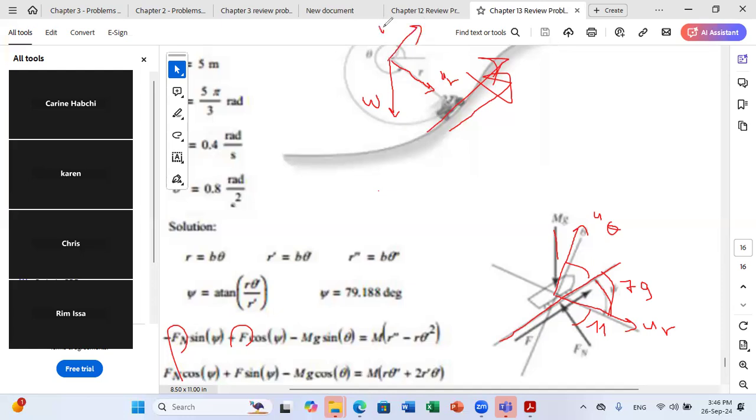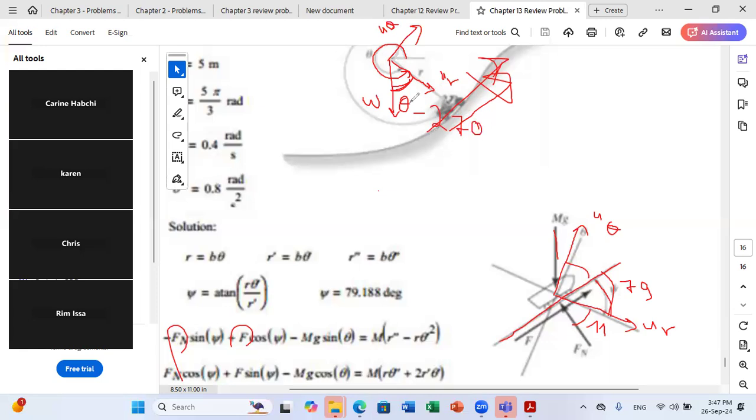Please pay attention: what is theta in this problem? Theta is this whole angle. So this angle here is equal to theta minus 270.